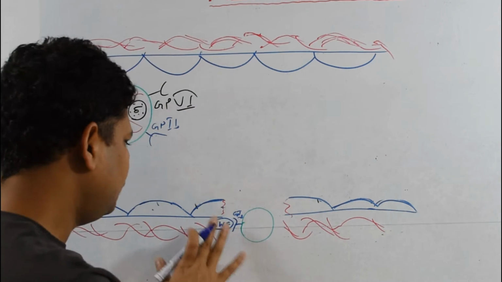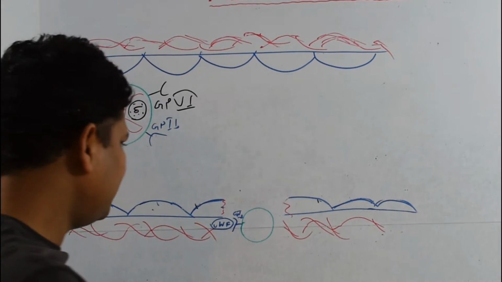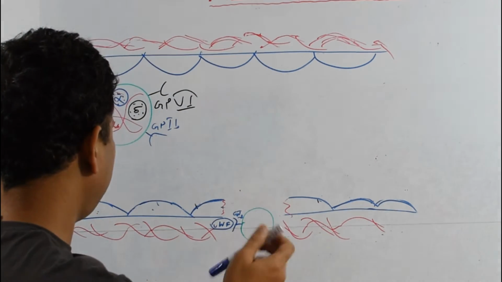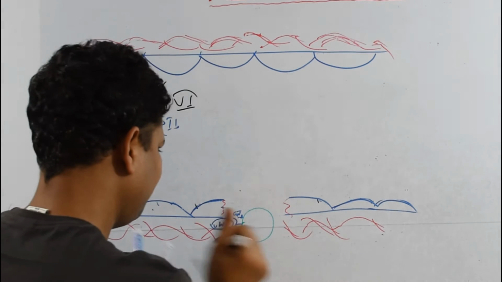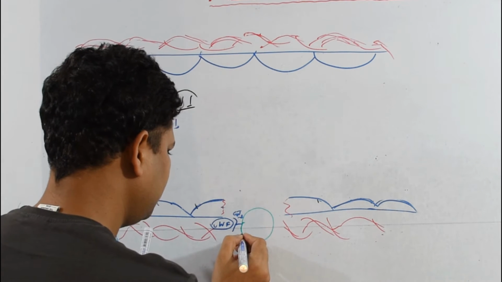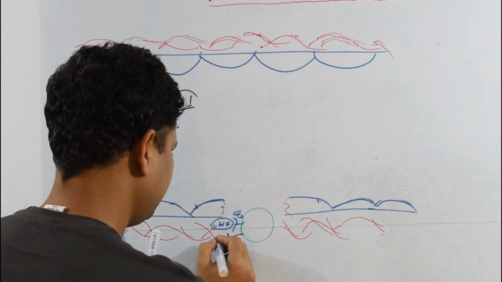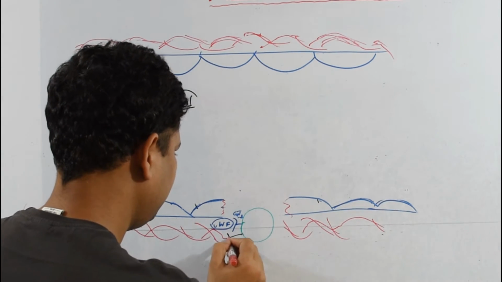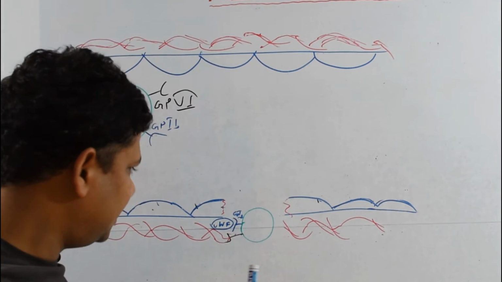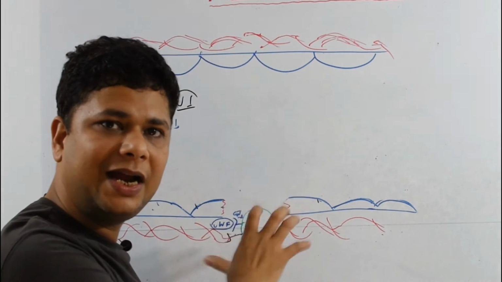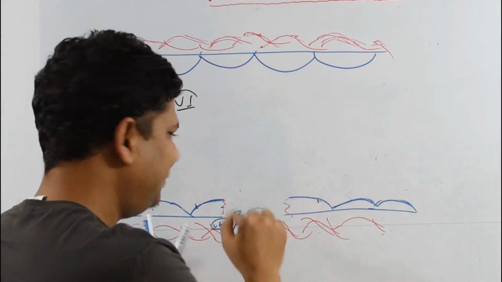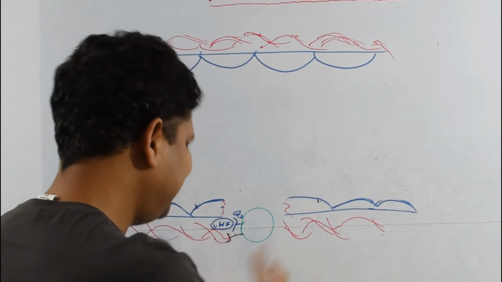GP1B will bind to VWF, and after the binding of GP1B, GP6 will also bind to the collagen. This is collagen. This will also bind to collagen, so this will make the binding stronger. After the binding, the platelet gets activated.